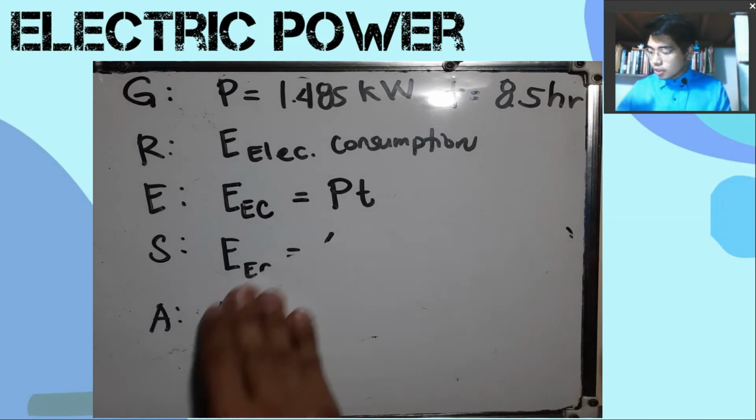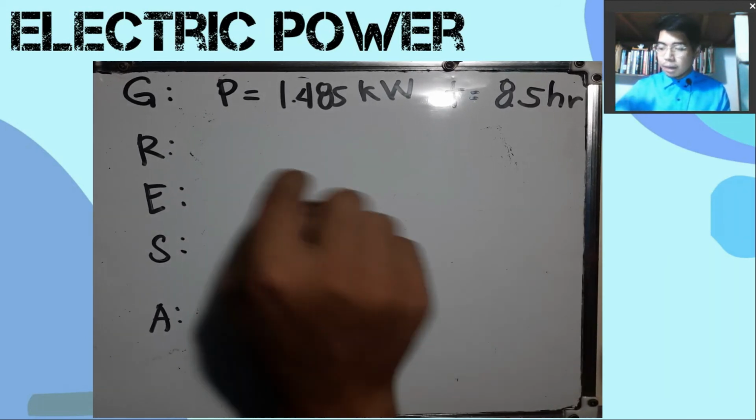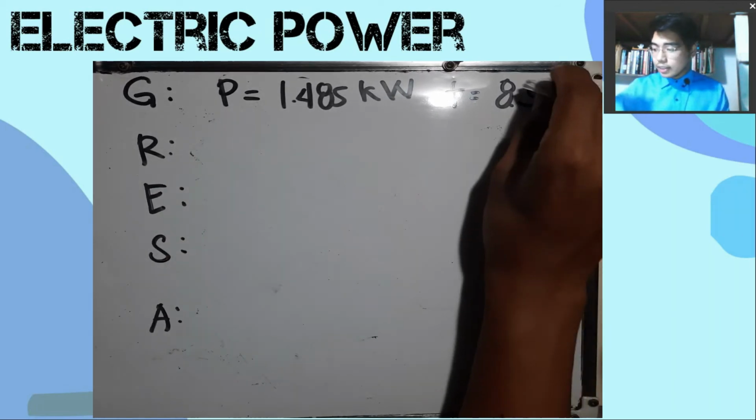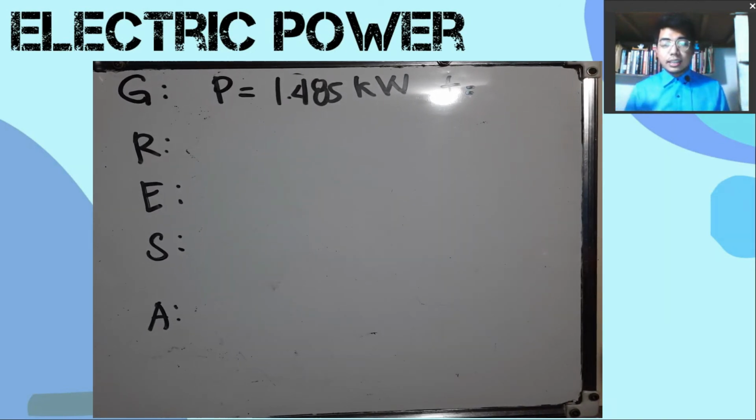When it comes to this particular part of the problem, we are going to focus, once again, on the power, then the time, and lastly, the last variable that we're going to consider here is the price.